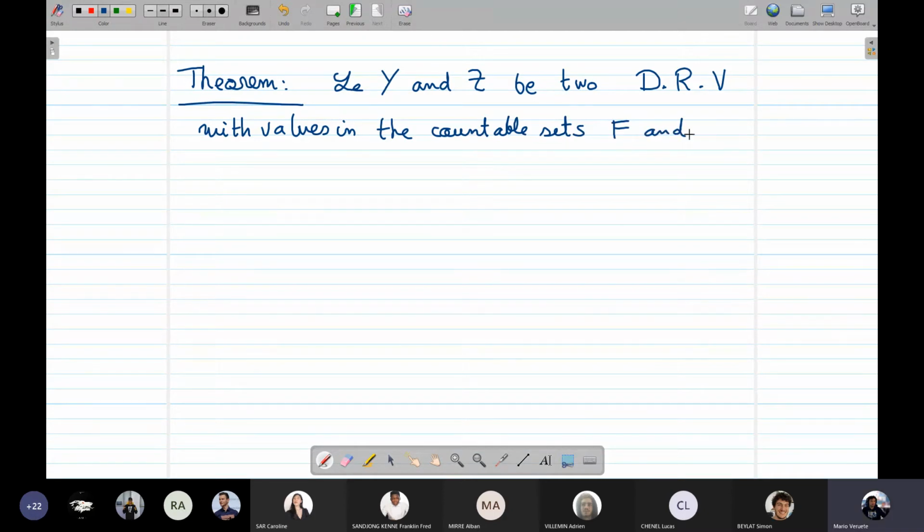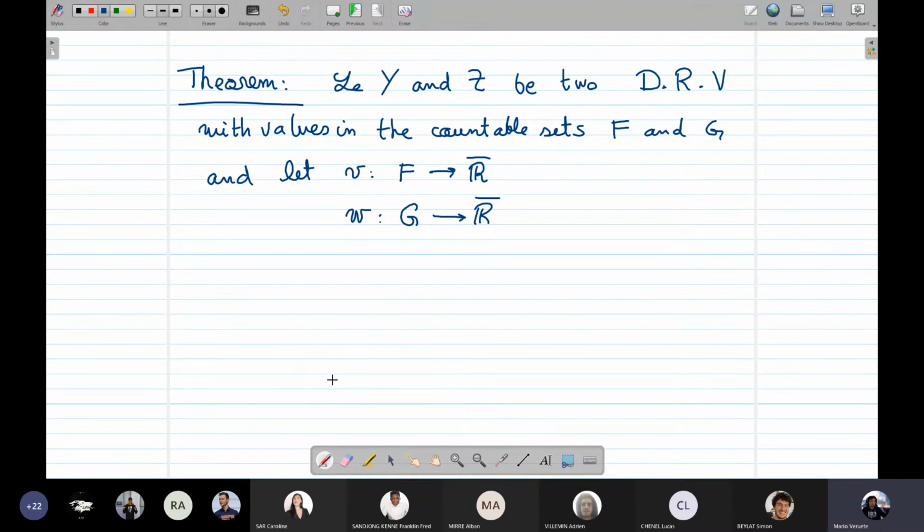F and G respectively, and let V be the function from F to R bar, it can be infinite, and W the function that goes from G to R bar.